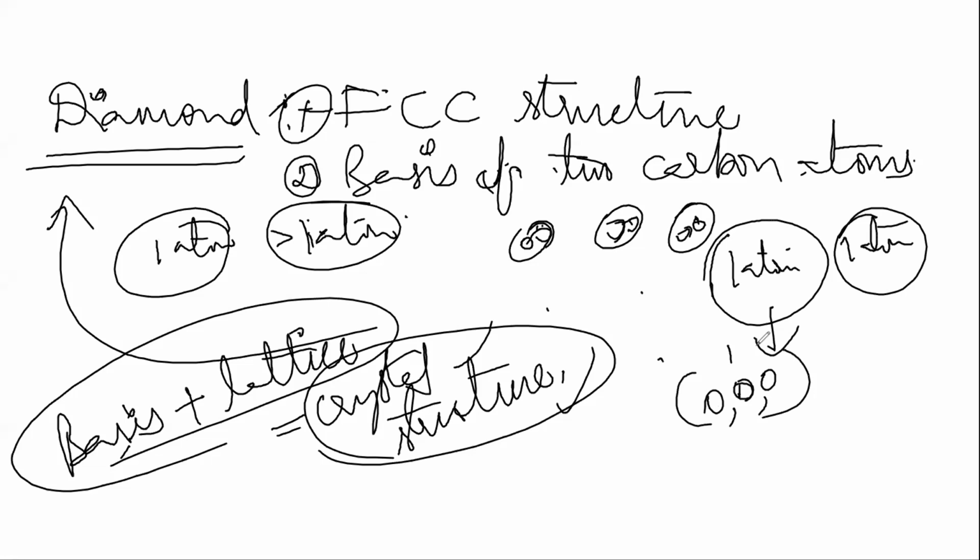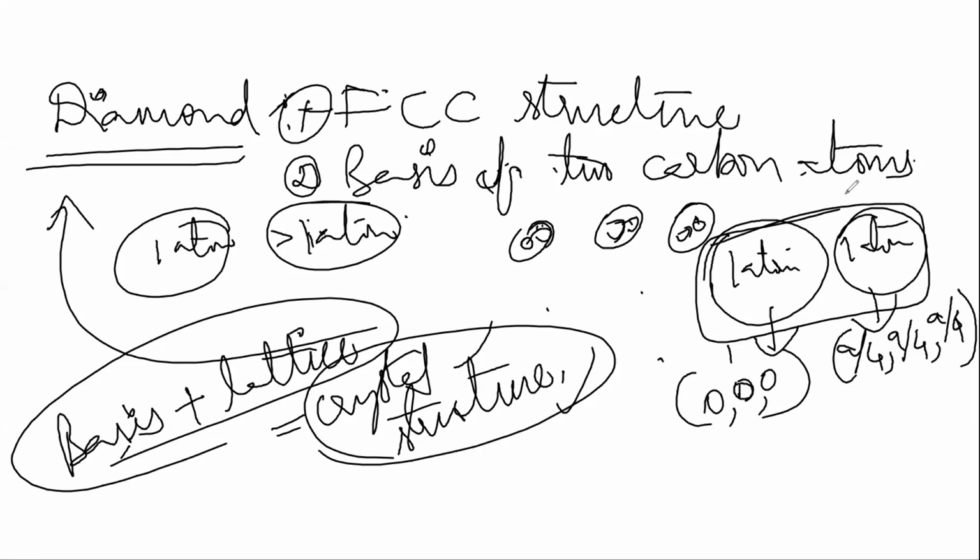And then one atom at a/4, a/4, a/4. Because it's an FCC cubic lattice, all the sides are equal, a equal to b equal to c. Then the other atom is at a/4, a/4 and a/4 distance. Then these two atoms are associated with each lattice point.